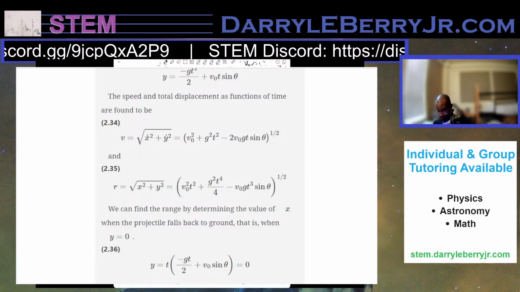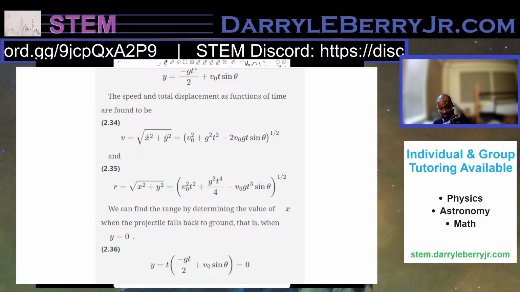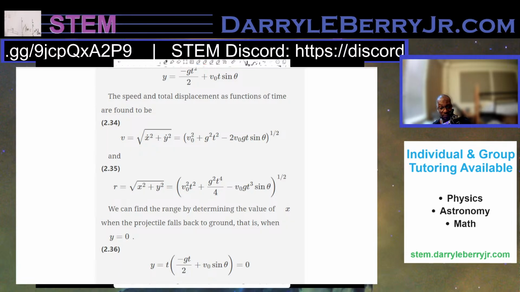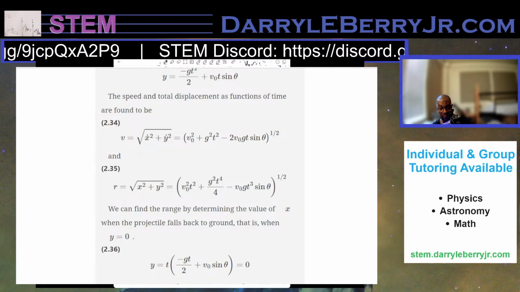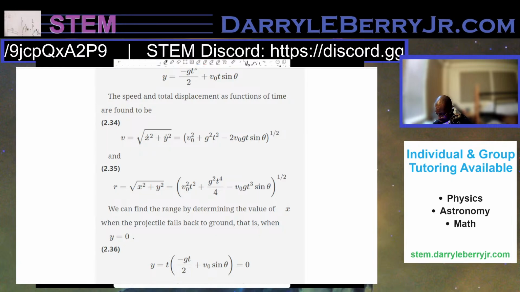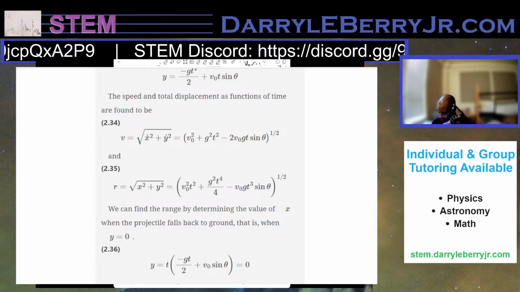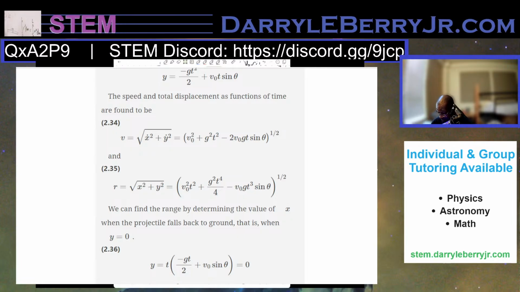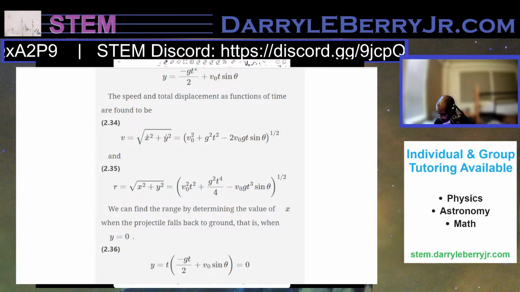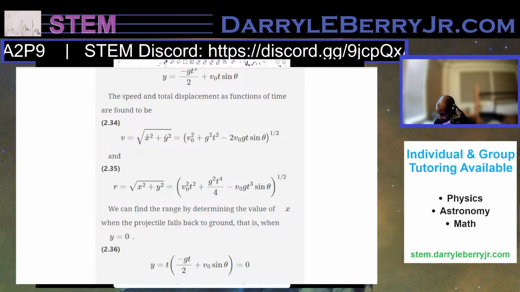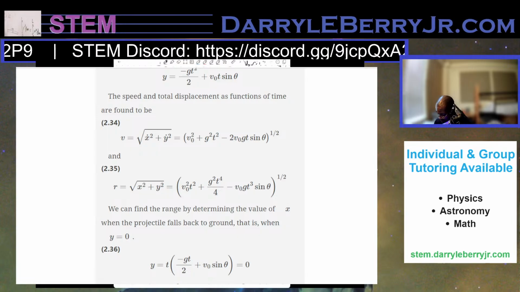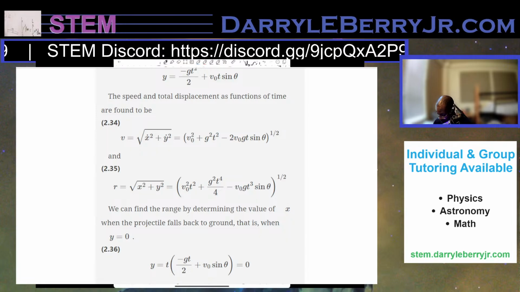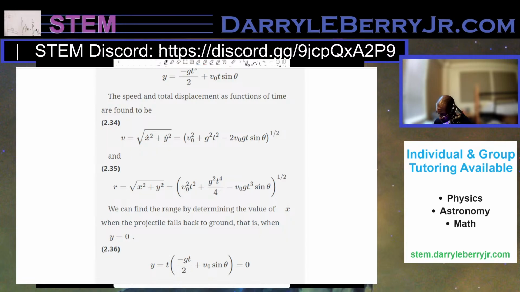So let's see what we have here. Oh, I see. They actually took position and took a derivative of it. They have to be difficult. So let's take a look at this again. V is the square root of x dot squared plus y dot squared. X dot equals V naught cosine theta.